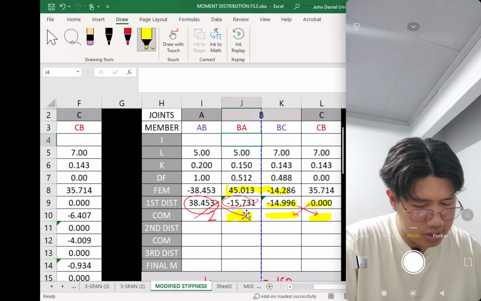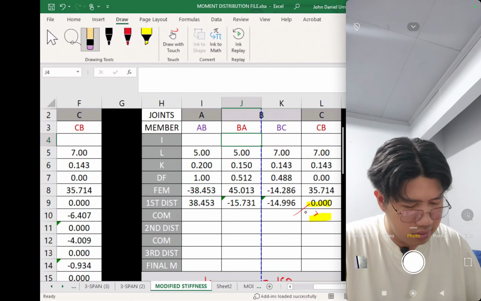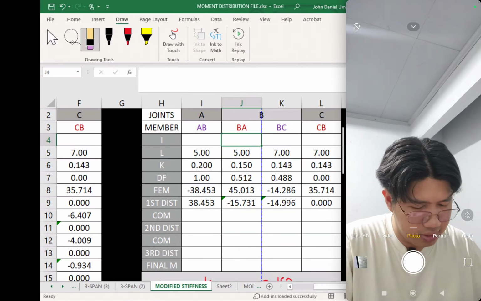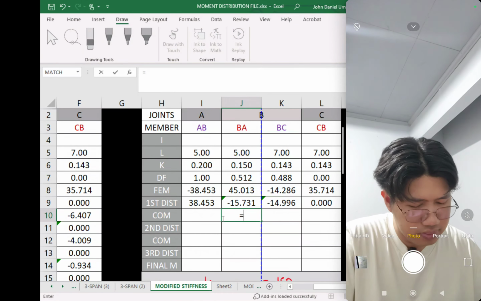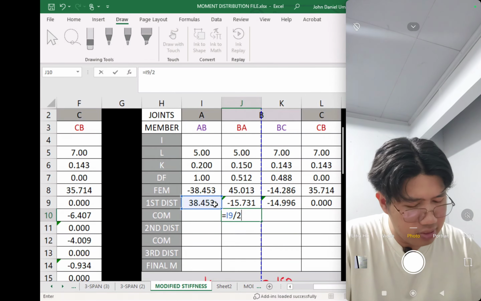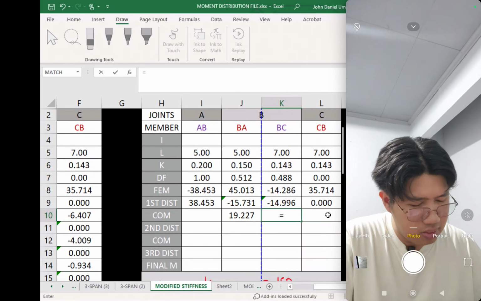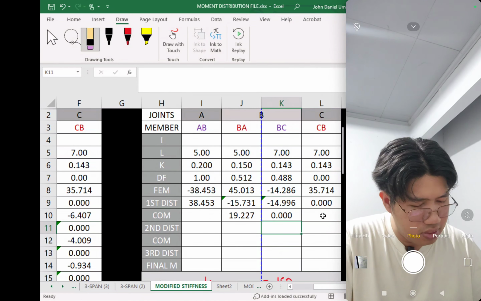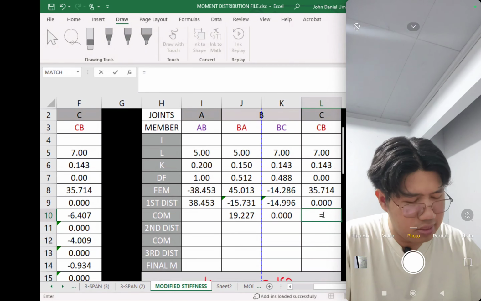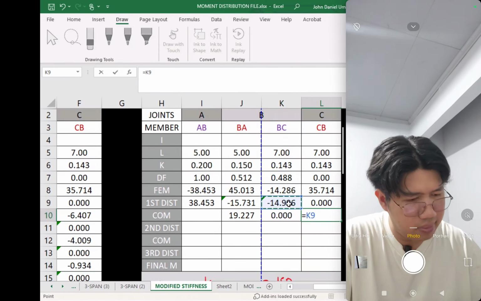So, doing the process in Excel, let me erase yung ano ko. Nagsulat. So, that is equals to, we divide this by 2. We divide this by 2. And then we divide this one by 2.